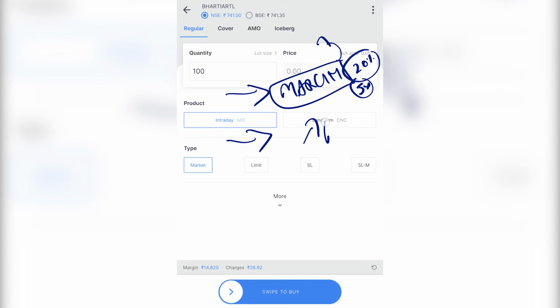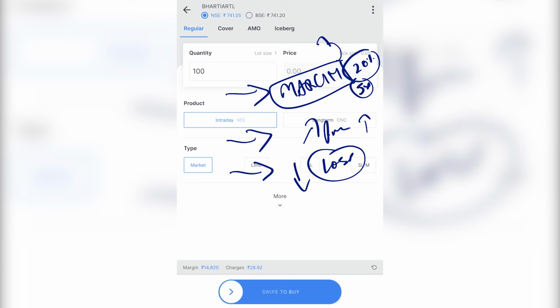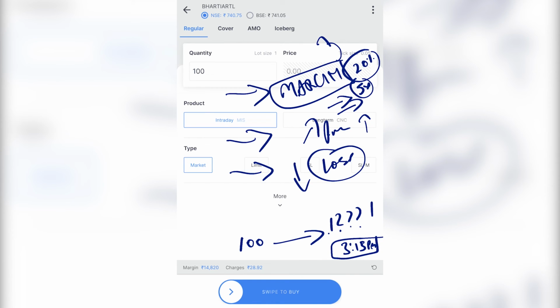Second, a small profit or small change in price can mean a good amount of income for you if you use margin, but a loss will also be magnified by the same ratio. So you should not see this as a gambling tool. You should still see that, hey, if I'm taking a trade at 100 rupees, at what price can I sell it at the end of the day, because this intraday trade has to be closed at 3:15 p.m.